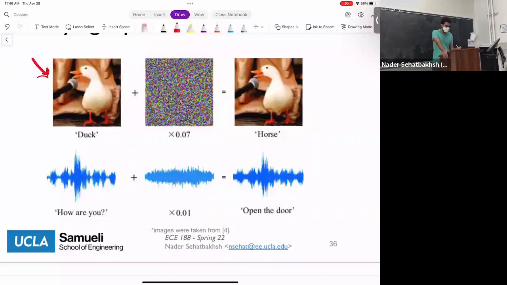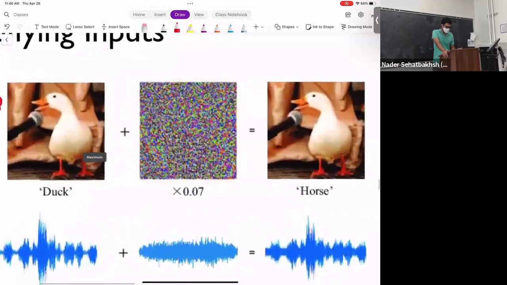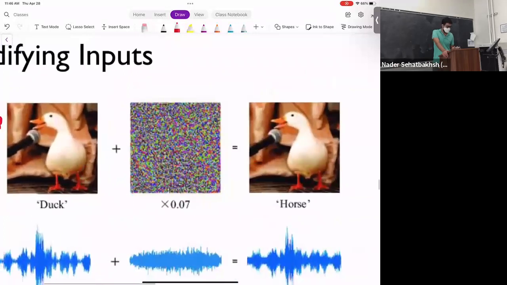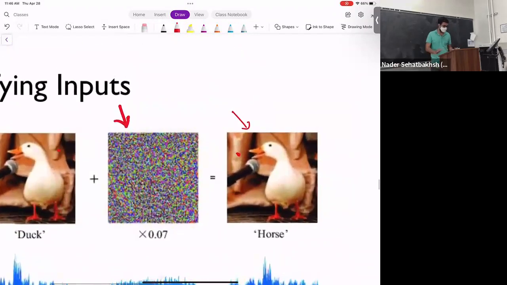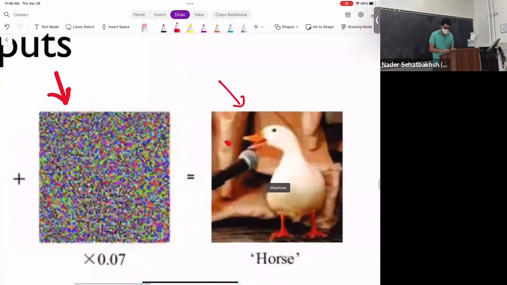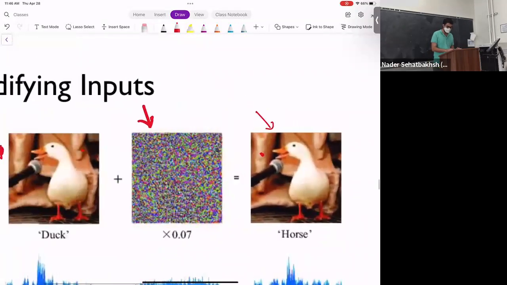And what we do is, for now, let's focus on this top part. We just add some sort of white noise to this image, and the image would look like something like this. The difference between this one and this one is not visible, right? This one is a little bit more grainy if you don't zoom into it.